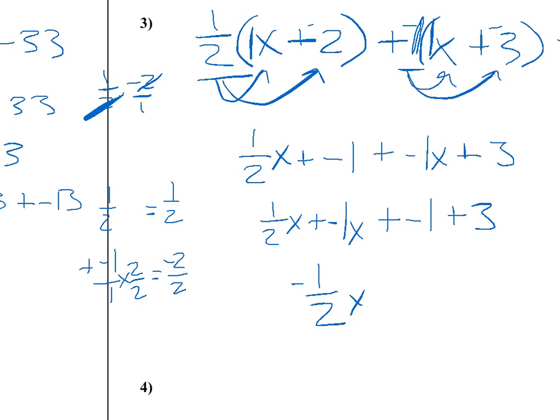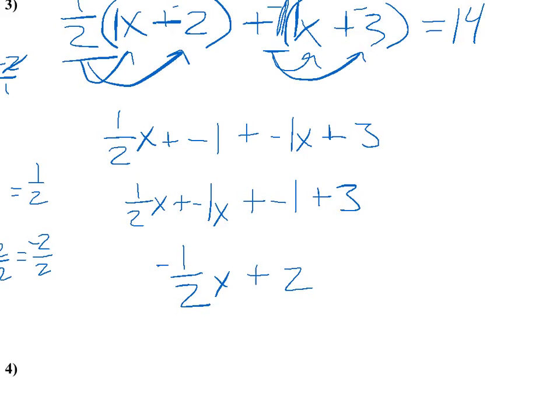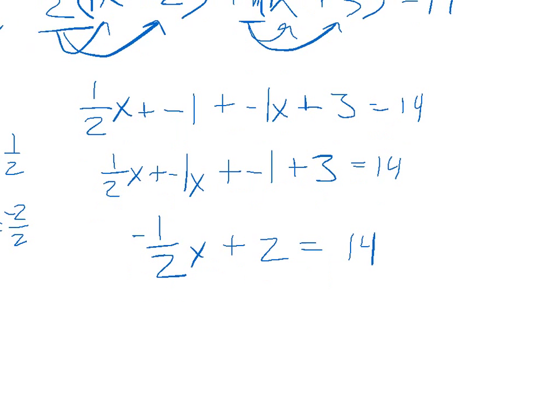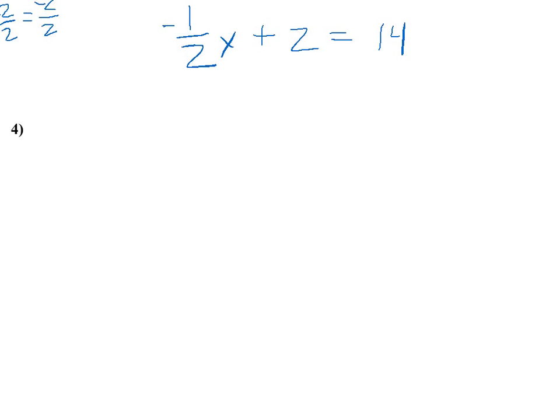Plus -1 plus 3 is a +2. So we look completely simplified now. So I can bring back the other side of the equation. And now we have a simple two-step equation.